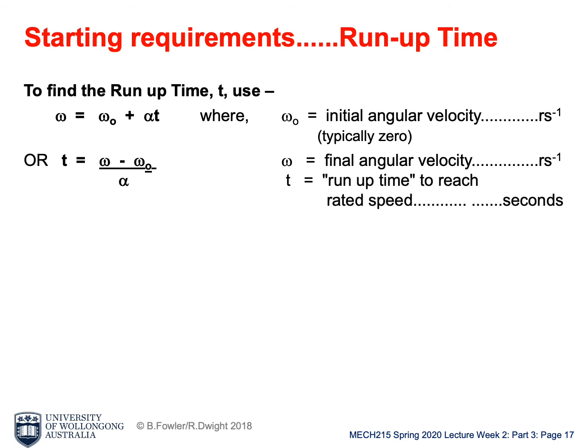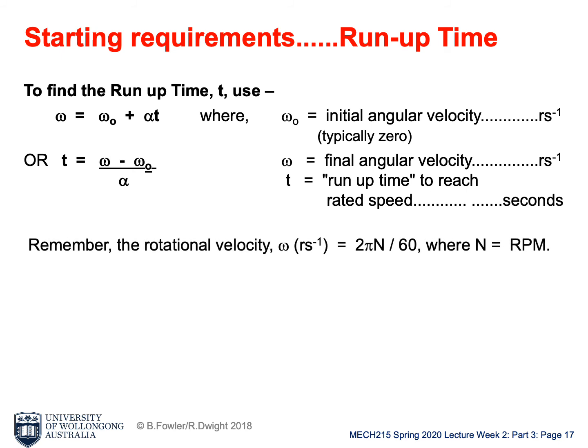So T is called run up time, or sometimes we call it starting time. If we use omega in RPM, the conversion between radians per second and RPM is multiplying by 2 pi and dividing by 60.